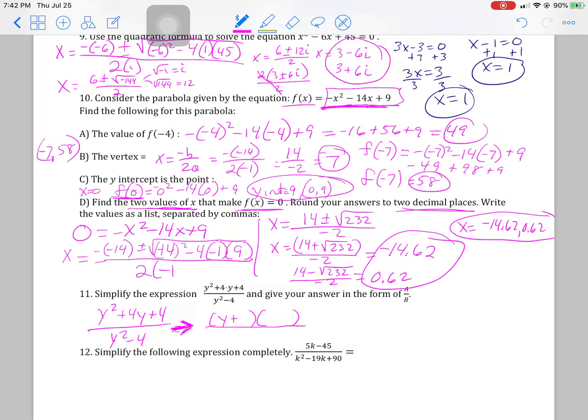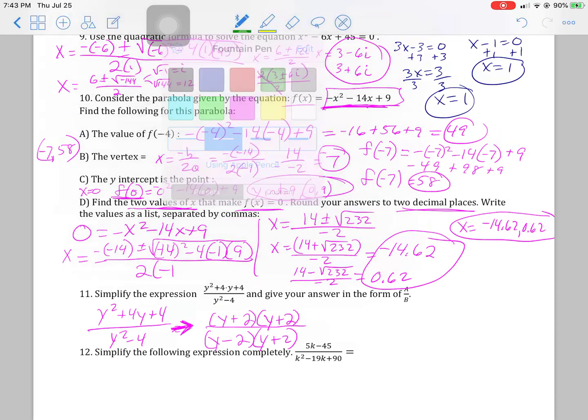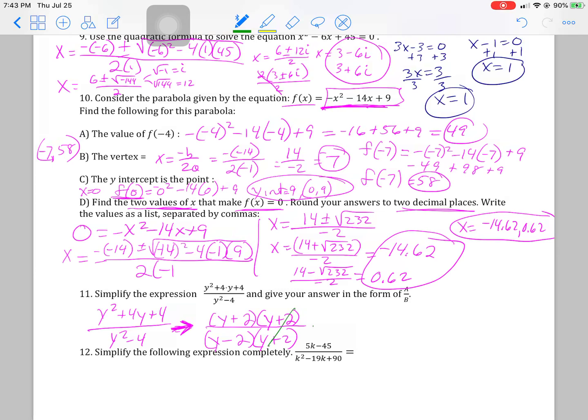That's going to factor, and this one's going to factor. So the final answer is y plus 2 over y minus 2.